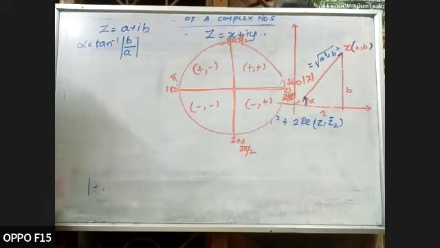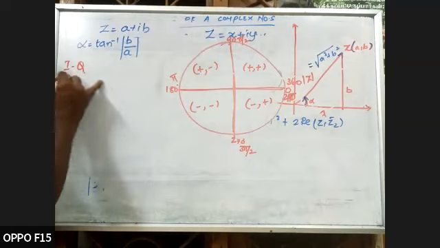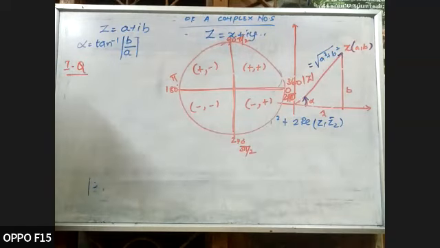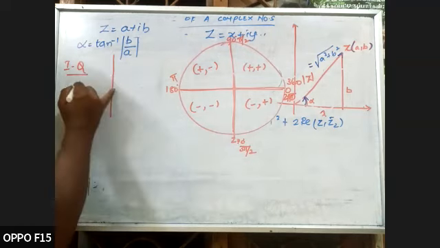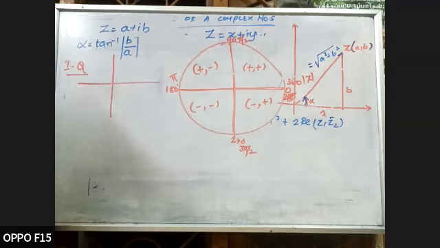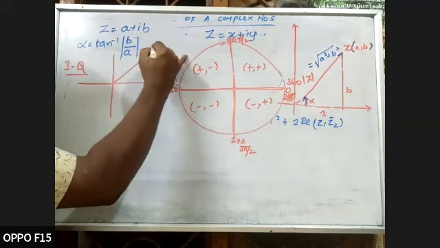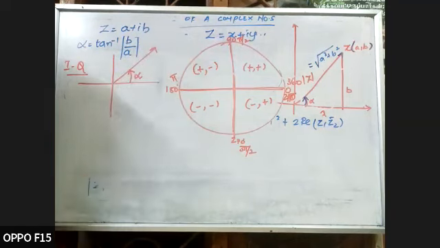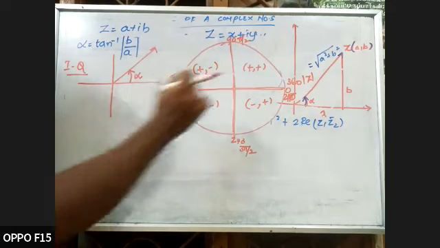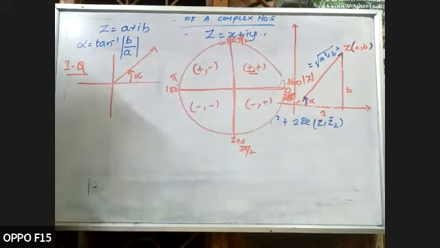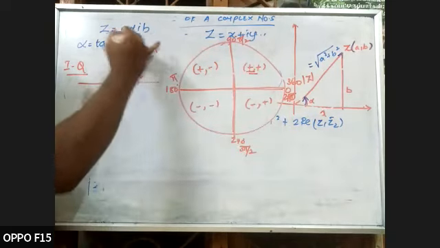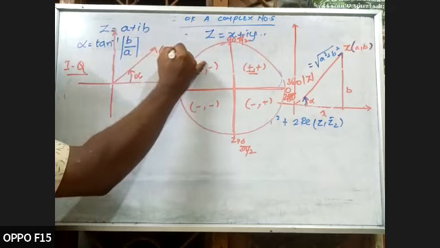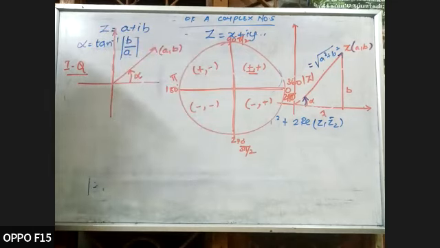First, the first quadrant. In the first quadrant, all are positive. I take z as this, and the angle made from the x axis to this is called alpha. Both are positive, that is the first quadrant. So z, which I have taken as (a, b), lies in the first quadrant, and now the angle is alpha.